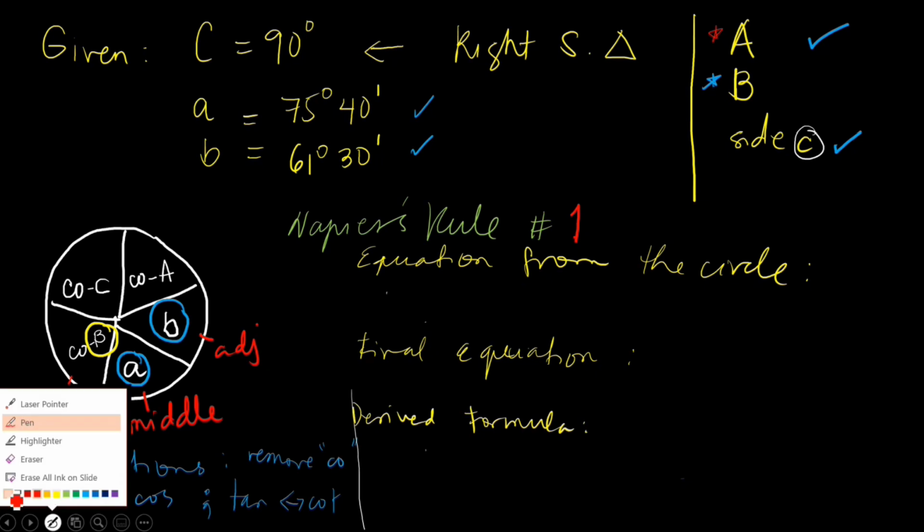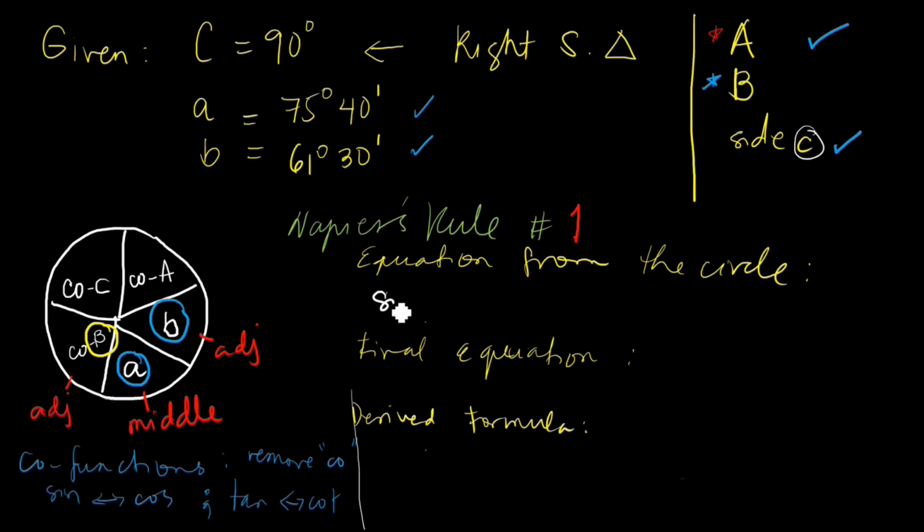Again, Napier's rule number 1: the sine of the middle part, so the middle part is side A, equals the product of the tangent of the two adjacent parts. So tangent of the complement of angle B times tangent of side B. Since the right side is a product, it is multiplication, so you can use a dot or none.